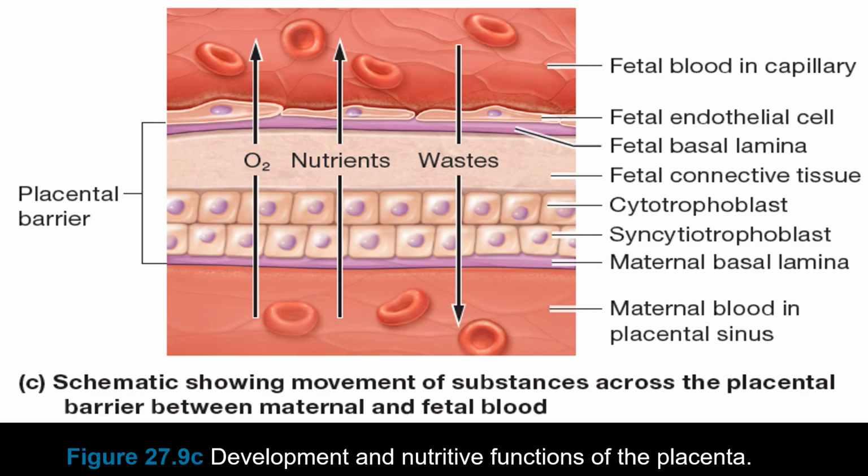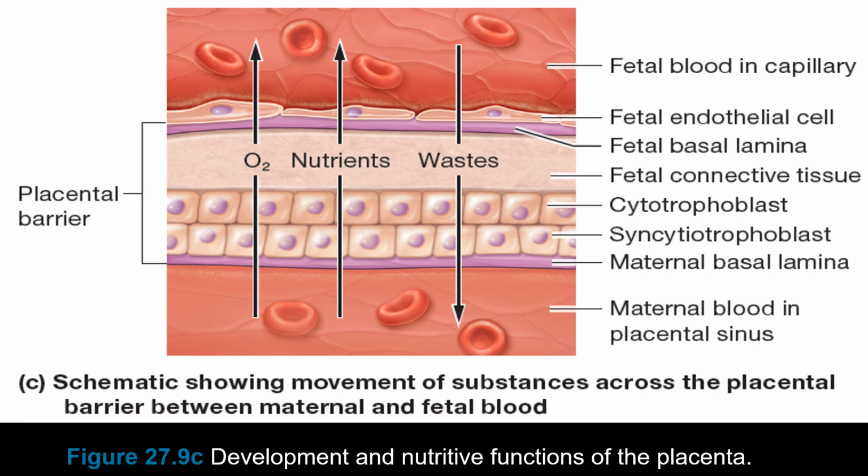You can see here that some maternal blood flows through the decidua basalis and then through the maternal arteries into this placental sinus. Then the maternal blood touches the placental barrier, which allows this diffusion of substances, but not a passage of blood cells.